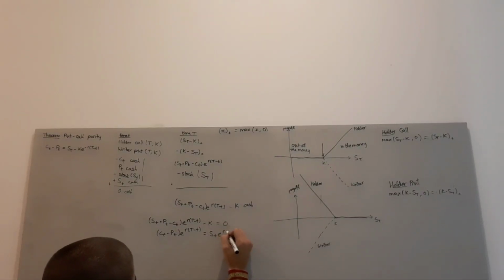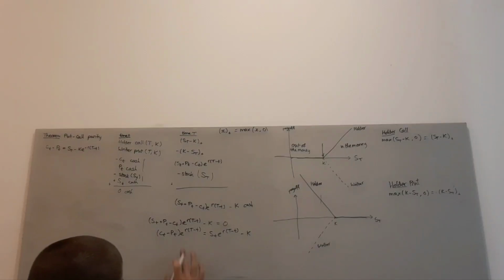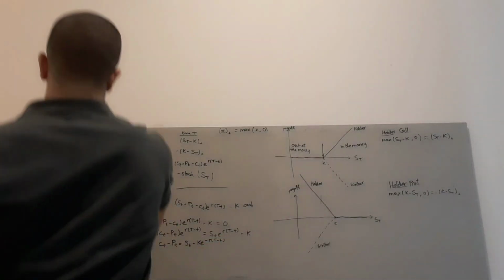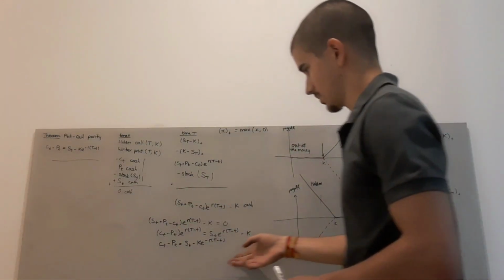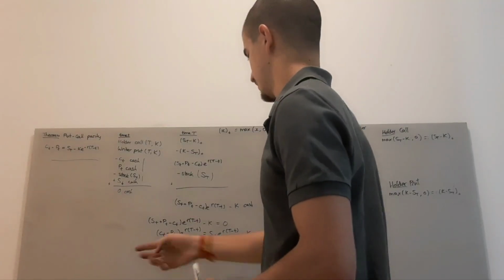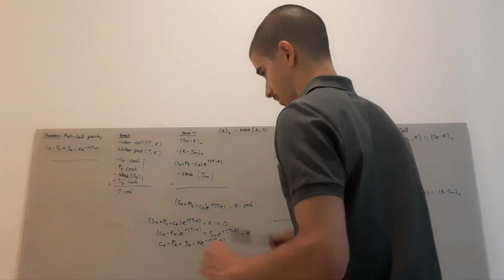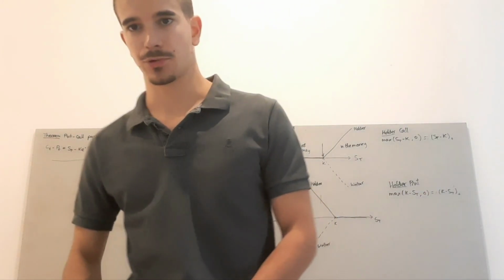ST, e to the RT minus T, minus K. Now we can divide everything by this thing here: ST minus K, e to the minus R, T minus T. Ta-da! And so that's the put-call parity theorem proven. So yeah, that's this video. Hope you enjoyed it.